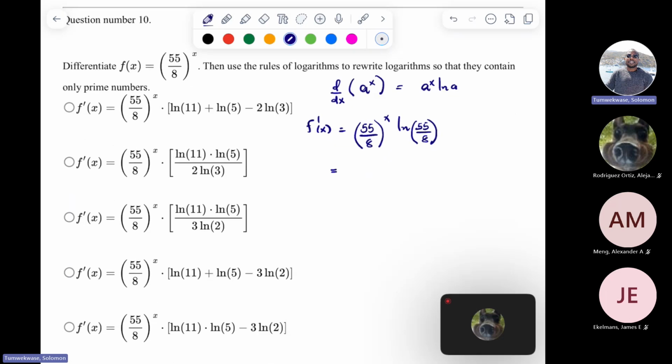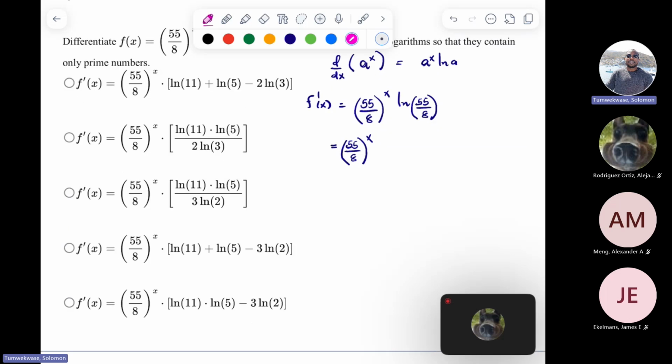And since they want all logarithms to contain only prime numbers, then this is 55 over 8 to the power x. Now, by rules of logarithms, natural log or any log of a over b, this is log of a minus log of b, okay?